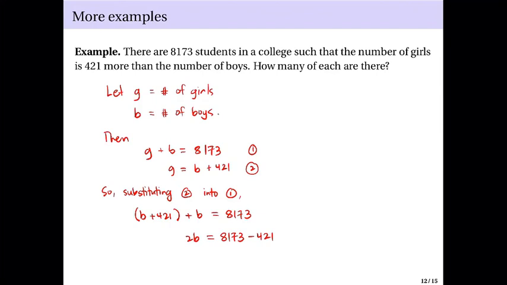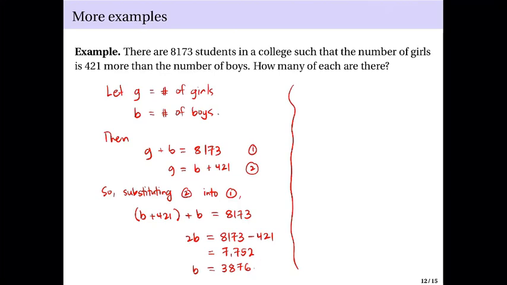Subtracting, 8,173 minus 421, we will get 7,752. And therefore, B will be equal to 3,876.